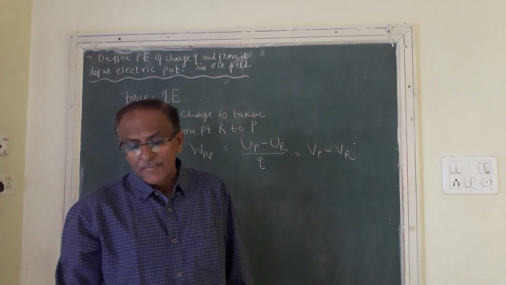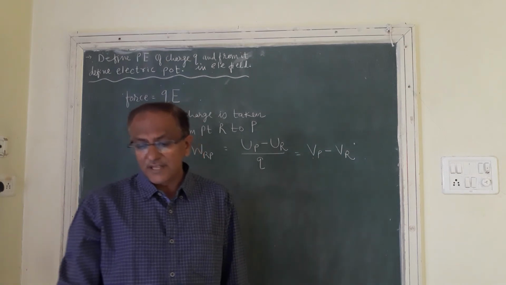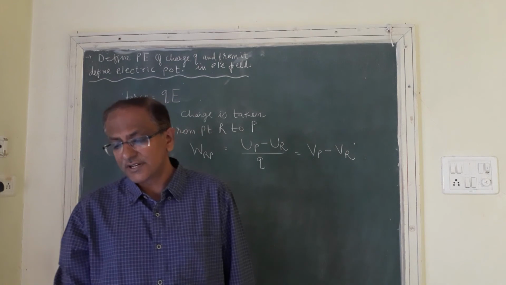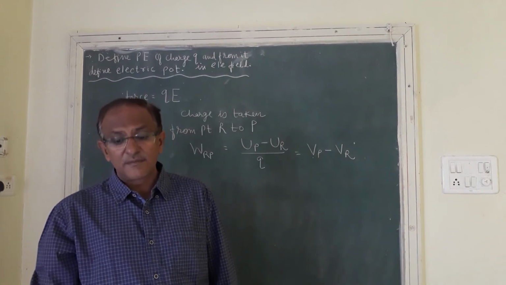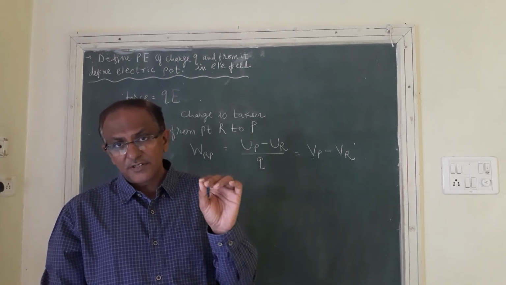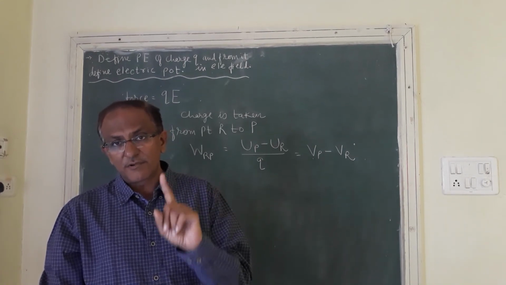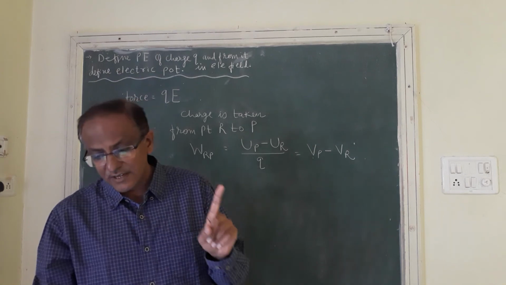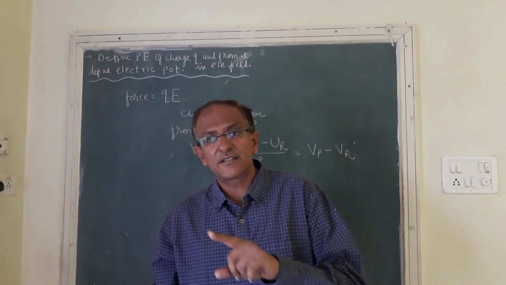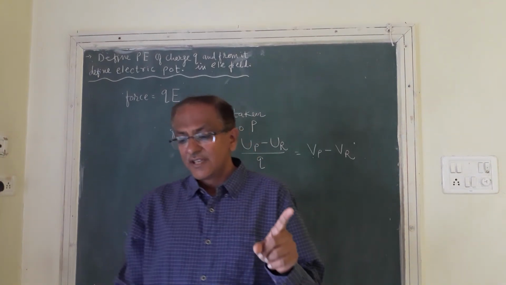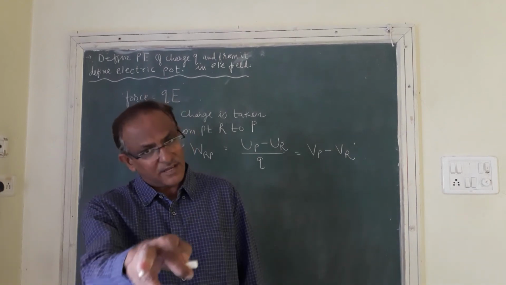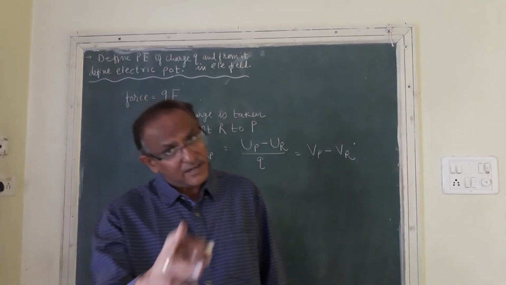So we can say the electrostatic potential V at any point in a region with electrostatic field is the work done in bringing a unit positive charge. Now, when you are bringing the unit positive charge from infinity to a point P, it must not have any acceleration. So that work done to bring that charge from infinity to a point P in the electrostatic field is nothing but the potential at that point.